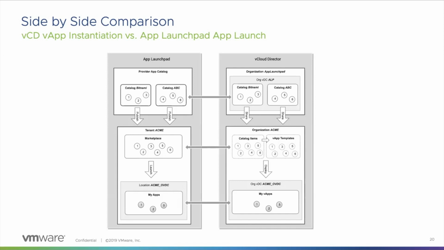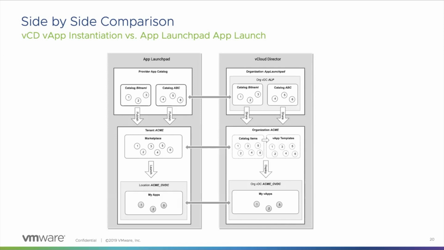Then when we get to the tenant side, we have tenant Acme. So if we log into Acme, what we would see is the marketplace of applications that we have access to. So in App LaunchPad, the end user would not see the catalogs that the applications exist in. They would just see the applications.